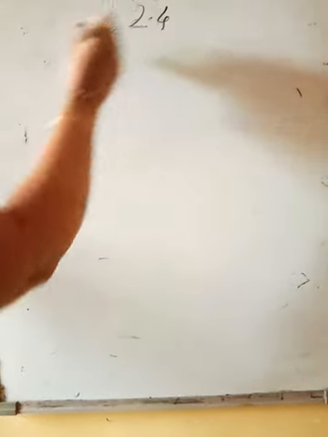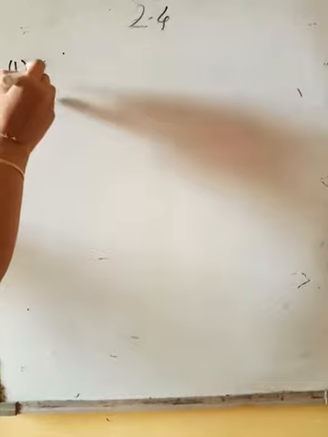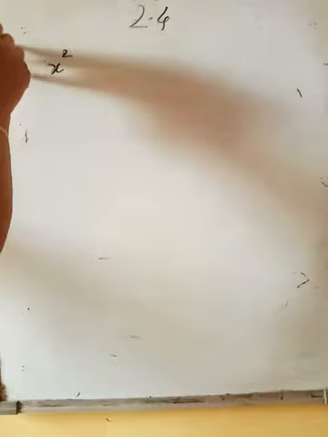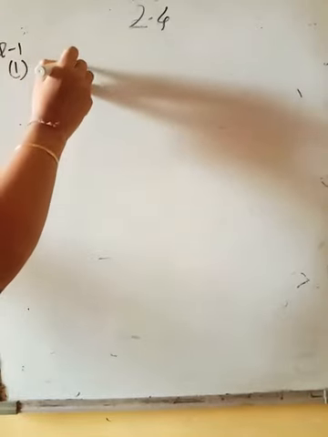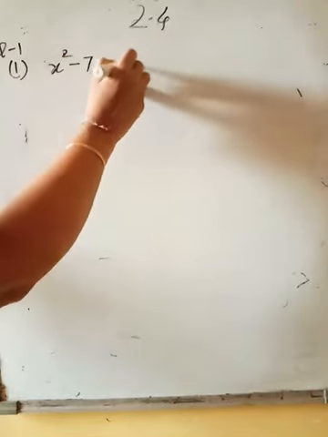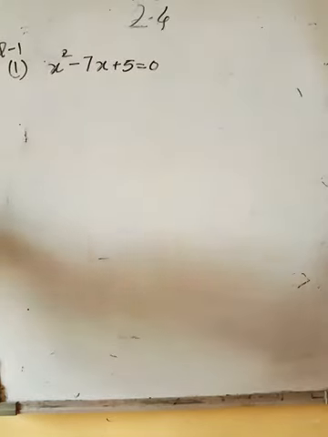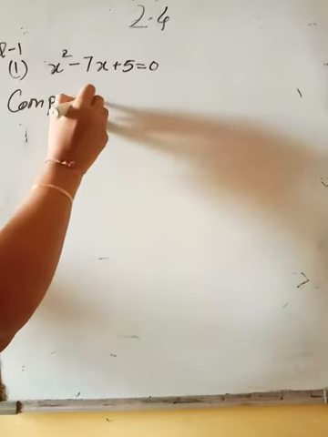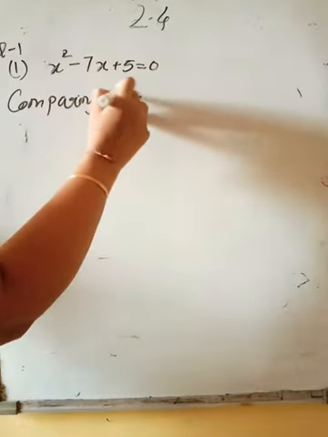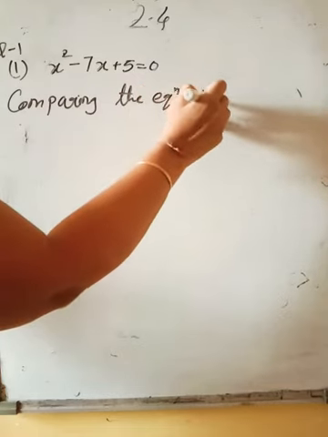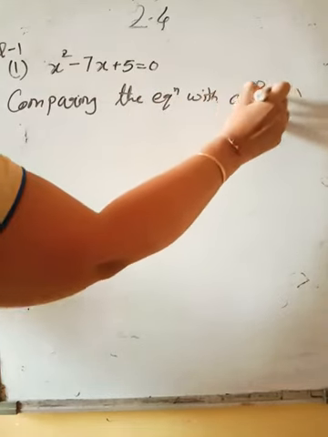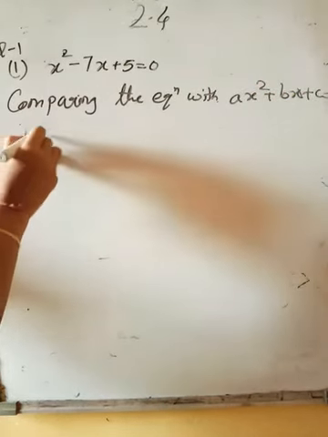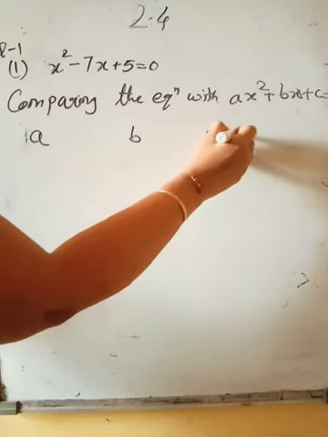Practice set 2.4. Question number 1. The first one: x square minus 7x plus 5 equal to 0. Now comparing the equation with ax square plus bx plus c equal to 0, can you tell me what will be a, b and c?